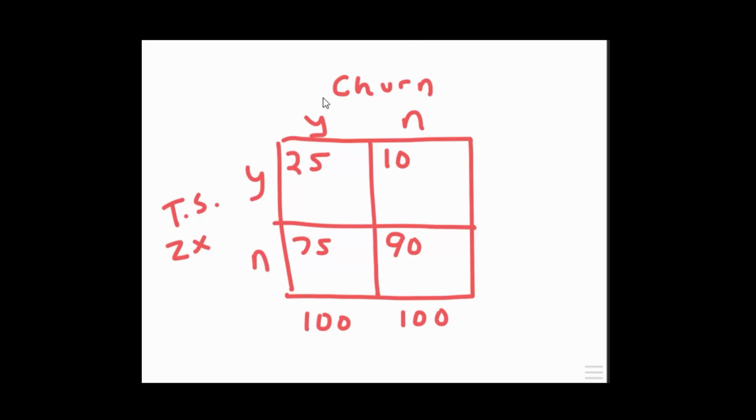Out of 100 people who churned, I looked back and I saw that 25 of those had sought technical service greater than or equal to 2 times last year. And then of those who didn't churn, there were 100 of those. I looked at those, and 10 of those had sought technical service last year.